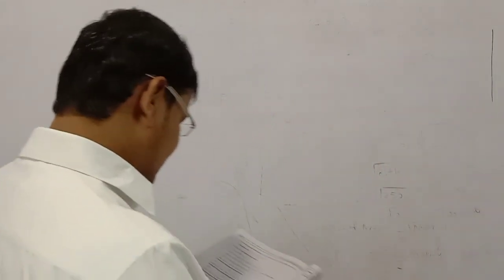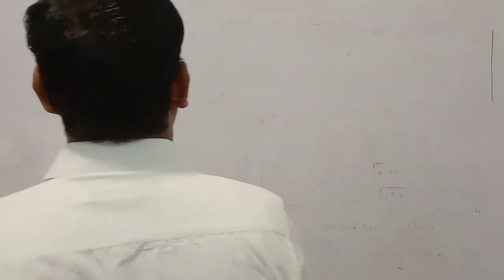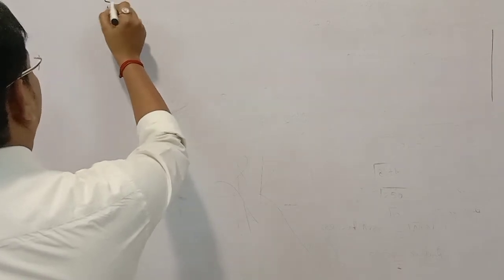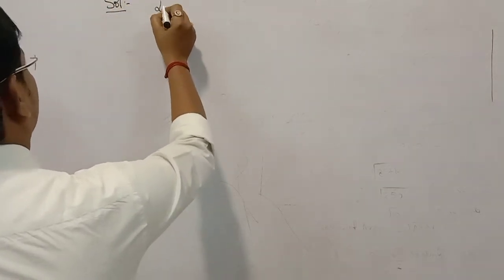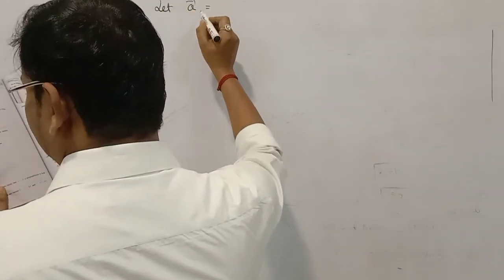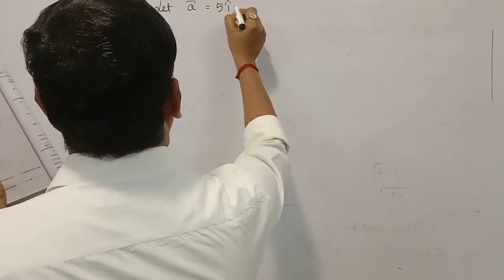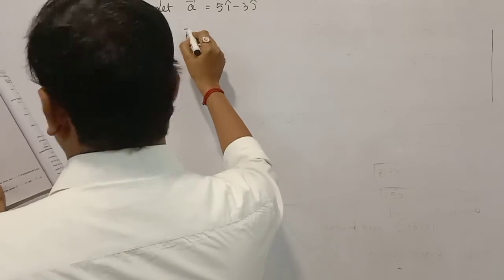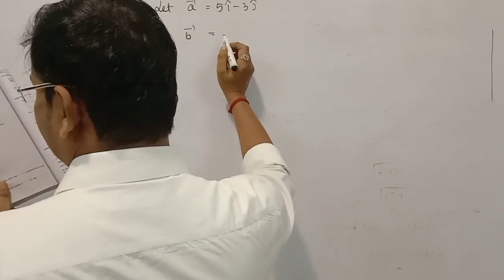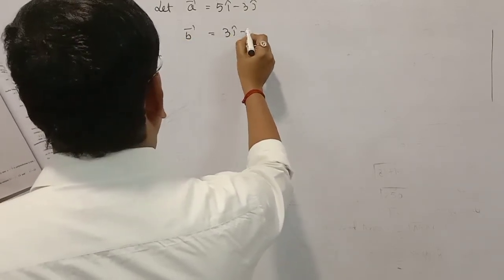So what is the sixth question? Two vectors are given. I have directly written the solution. Let A bar be equal to 5i minus 3j and B bar be equal to 3i minus 2k.